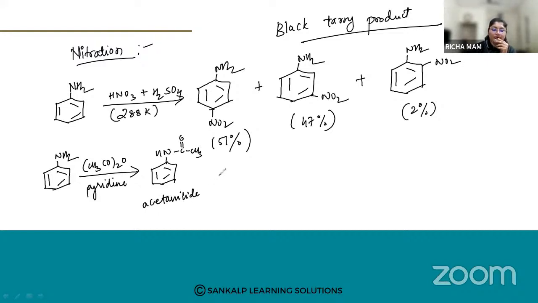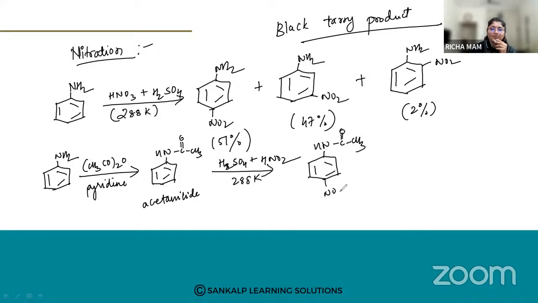Then we are going to do nitration, with H2SO4 in the presence of HNO3 at 298 Kelvin. Then we are going to get the para substituted product of NHCOCH3 and NO2.